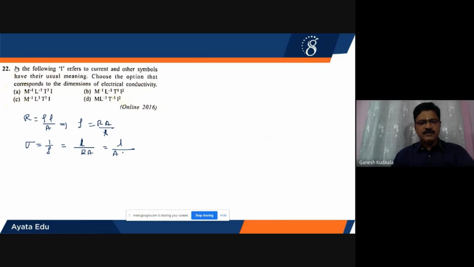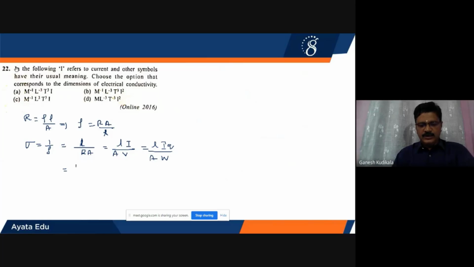Resistance is given by the formula R is equal to V by I from Ohm's law. So L into I divided by area into the potential difference, which is work done per unit charge. We want the answers all in terms of I's only, therefore this Q has to be converted into I. Here A is area, not current.